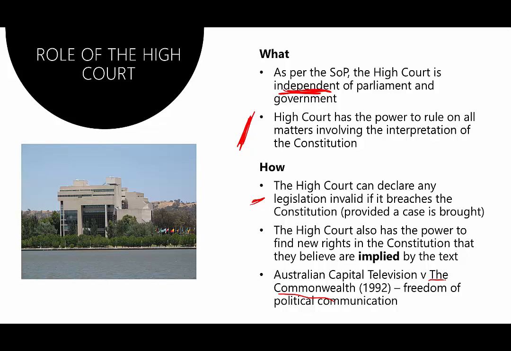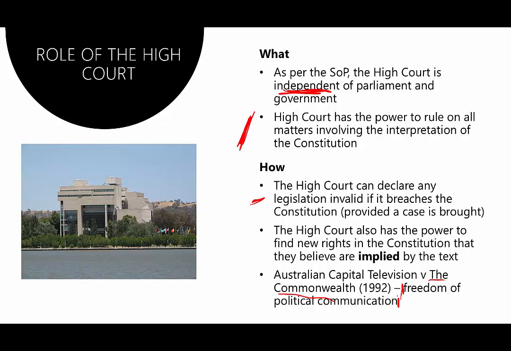What's implied there is that the people need to be politically informed, and therefore the government shouldn't be allowed to restrict political communication.